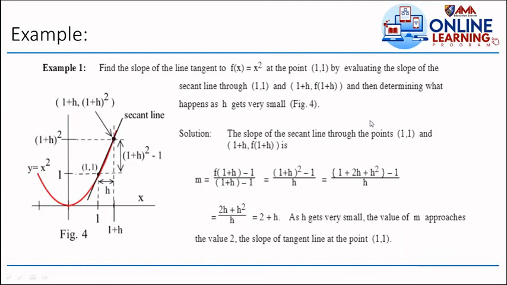So solution, the slope of the secant line through the points (1, 1) and (1 plus h), and the function of 1 plus h is, so this is our figure 4.